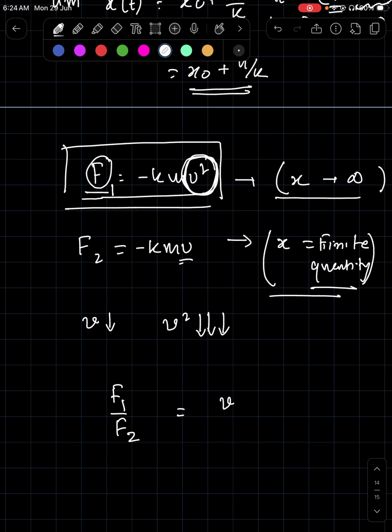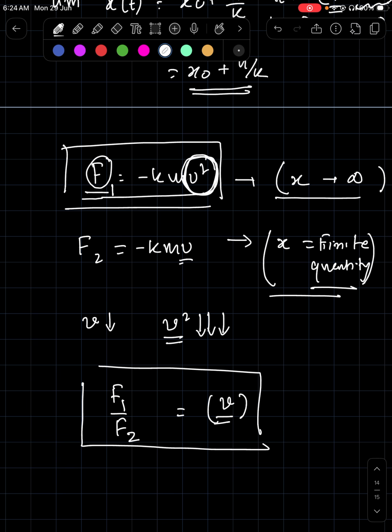What does it tell? If I decrease f1, then it will be decreasing heavily with the velocity, because it has the power of square.